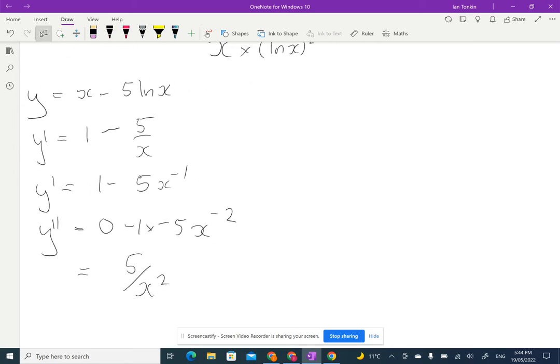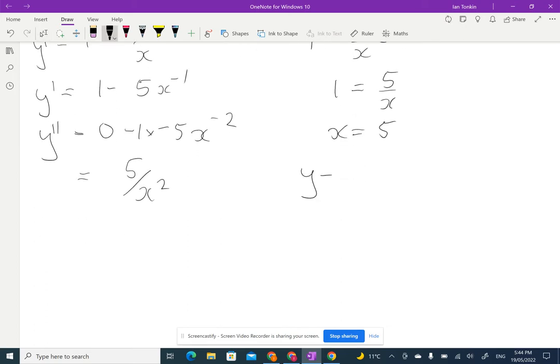Now, what do we do with this? Stationary points occur when y dash equals 0. So 1 minus 5 on x equals 0. 1 equals 5 on x. X equals 5. Well, let's find out what y equals. Well, y equals 5 minus 5 ln 5, which is minus 3.0472.